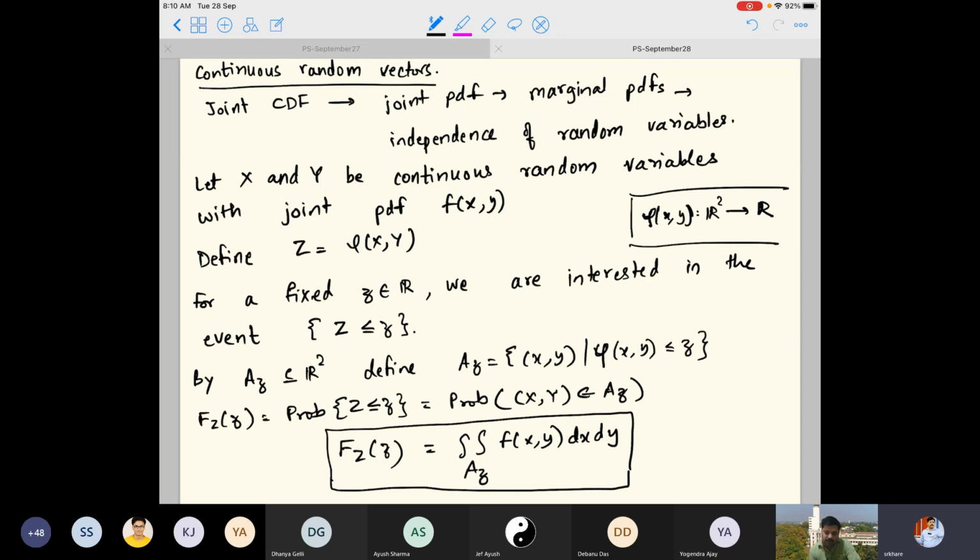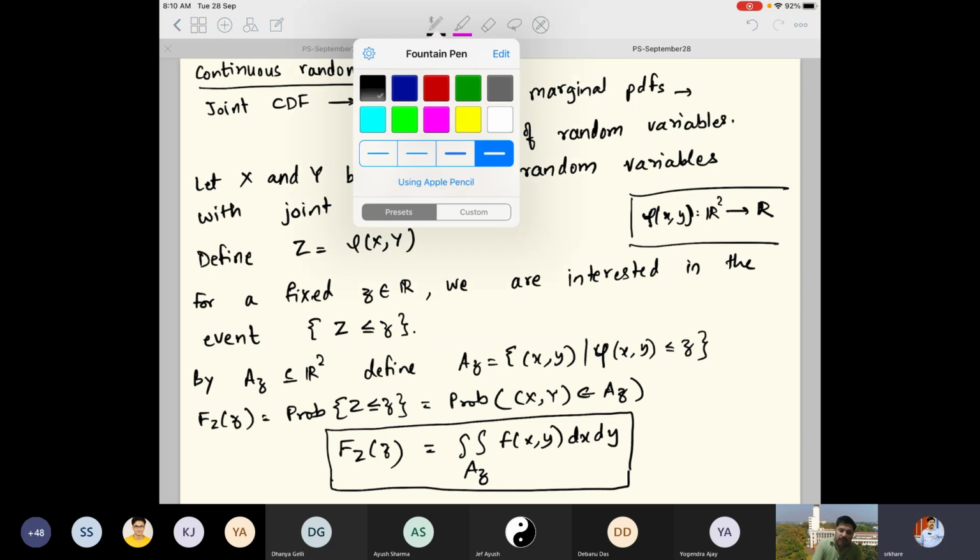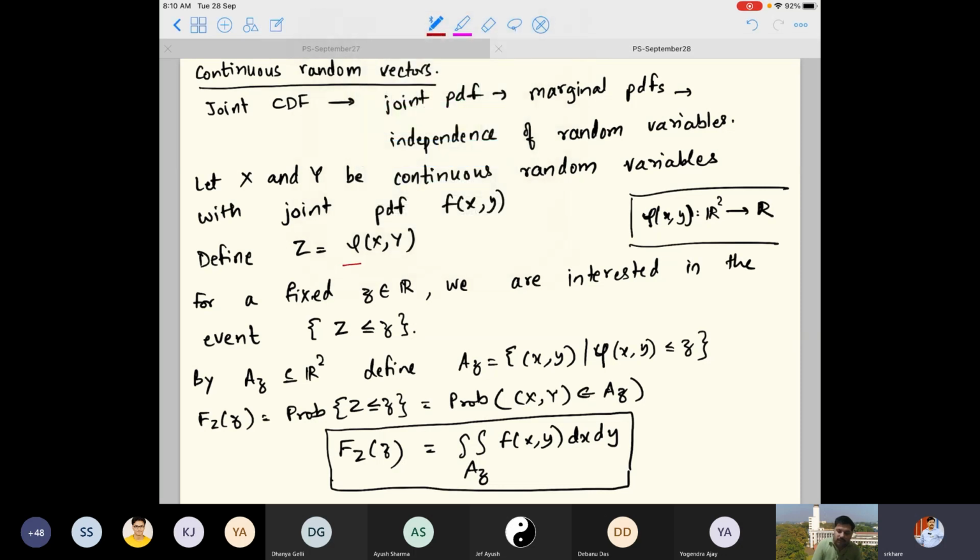And now what I am interested in is this particular transformation, phi of XY. I am interested in two transformations. One transformation is phi of xy equal to x plus y, and the other transformation is phi of xy equal to x by y. Okay, x divided by y.